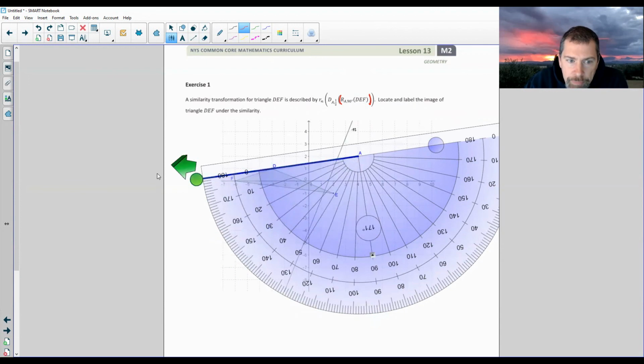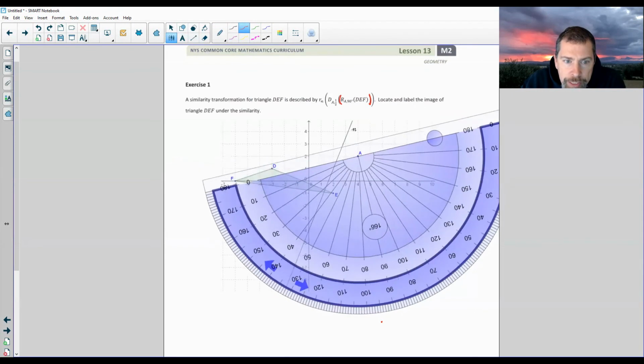So I'm just going to put a dot, I'll use red, somewhere out here about 90 degrees. All right. So I'm going to draw a segment after. I'm going to rotate this now.